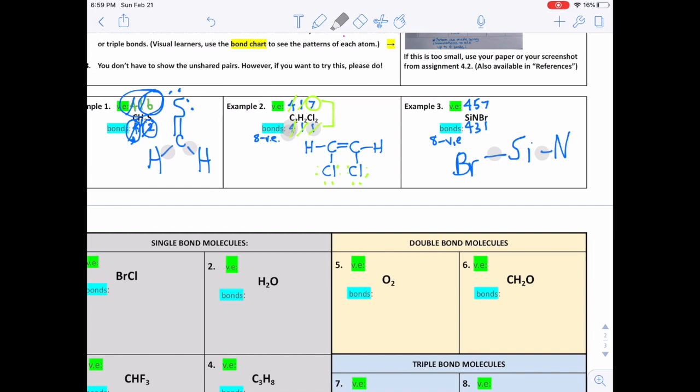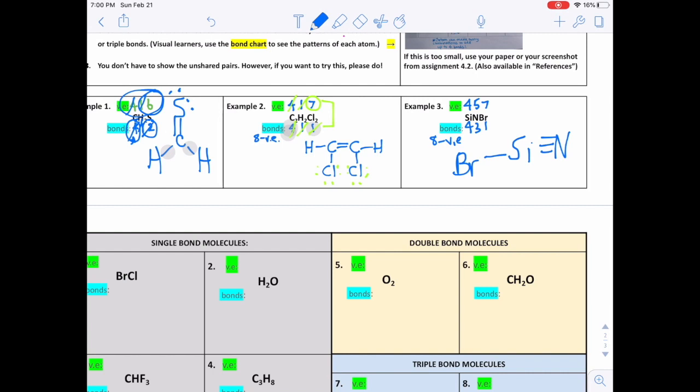So they both need more bonds. So I'm going to start by putting a double bond between the Si and the N. Now, the Si has 3 bonds, but it still needs 1 more to get 4. And the N has 2 bonds, and it needs 1 more to get 3. So that means I need a triple bond here.